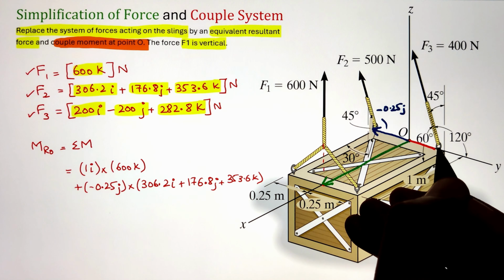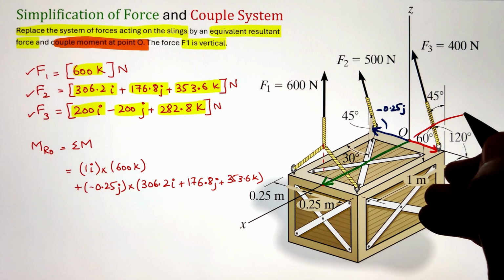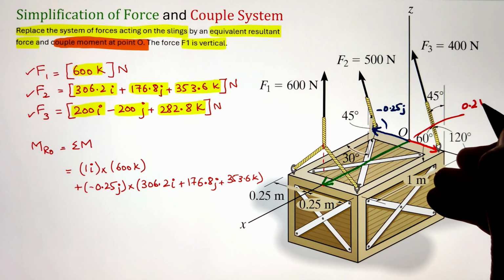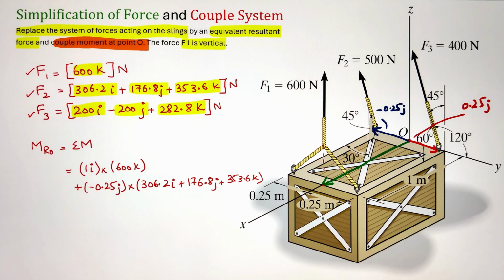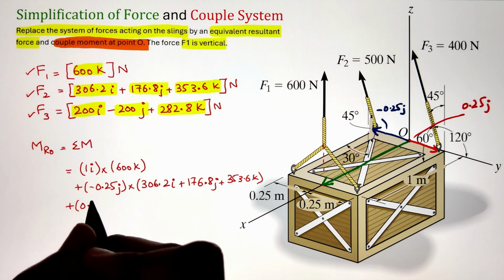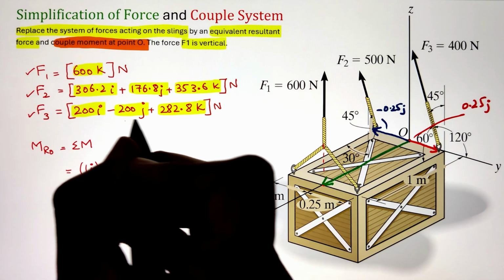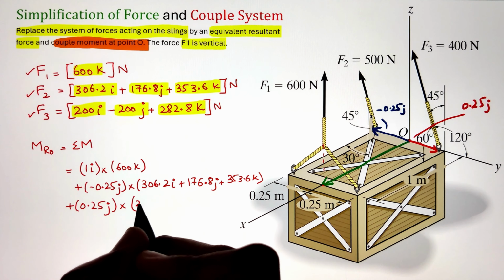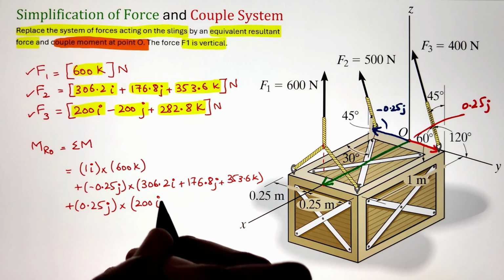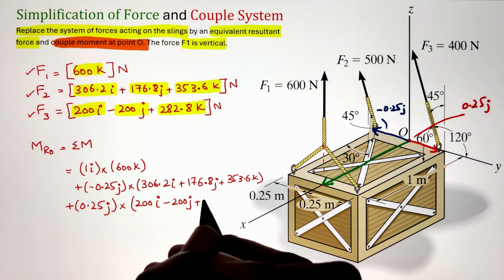This distance is 0.25j. This time it is positive since it is heading towards the positive y direction. So taking the cross product of the position vector 0.25j with the force F3, that is 200i minus 200j plus 282.8k, will give us the moment force F3 makes about point O.